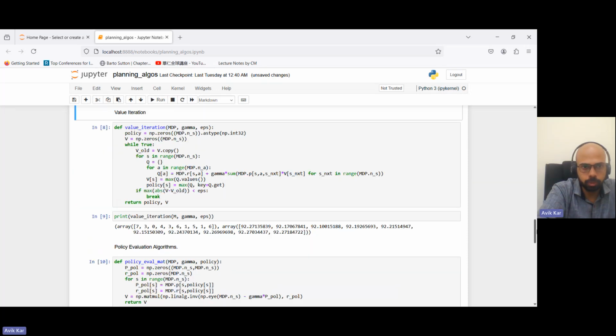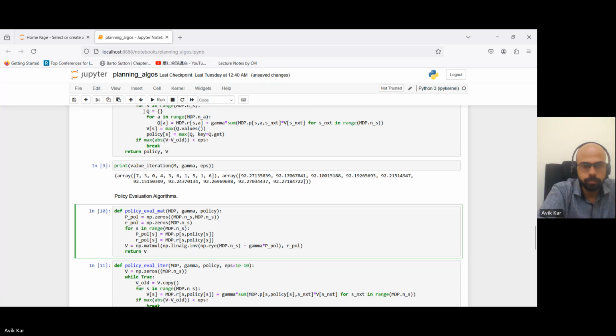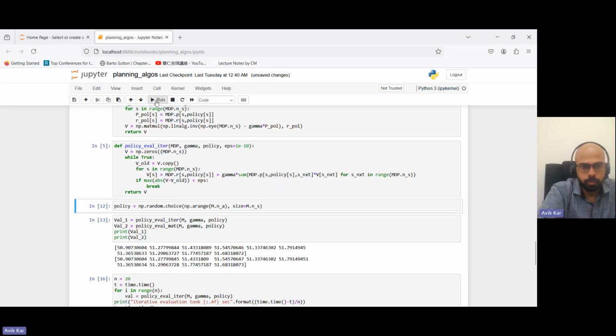Value iteration you do not need. We are initializing a policy, which is just some randomly generated policy. Then here in val underscore one, we are calling the iterative evaluation method, and in val underscore two, we are calling the matrix-based method.